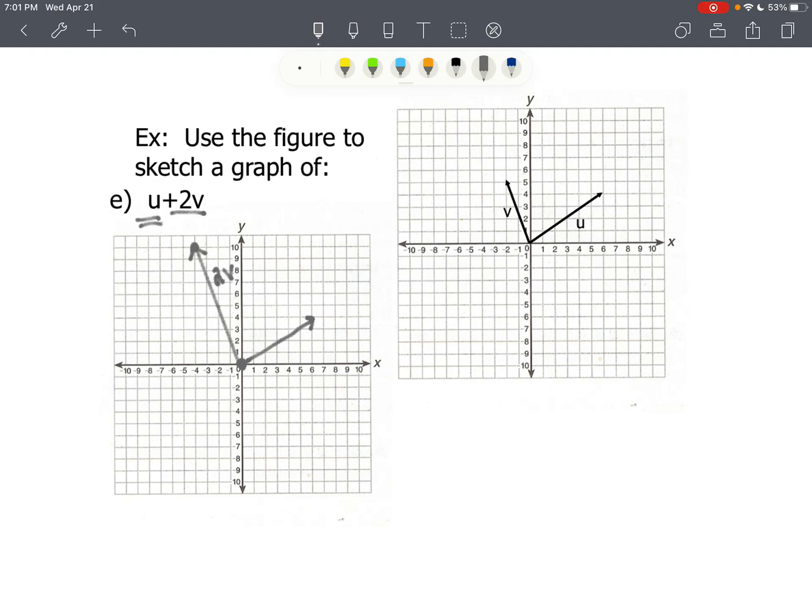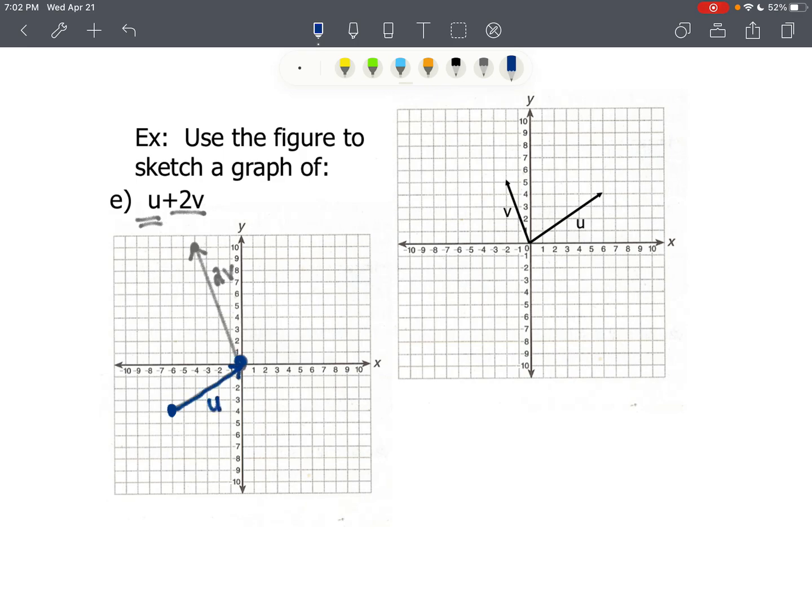So instead of using the parallelogram rule, I'm going to move this vector u. Remember, location does not matter. It's all about direction and magnitude, which is its length. I'm not changing its direction. It's still headed northeast, and I'm not changing its length. I've just moved it. And instead of using the second rule, the parallelogram rule, I'm going to use that first rule, initial to terminal.